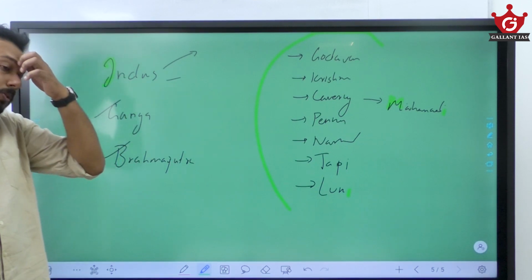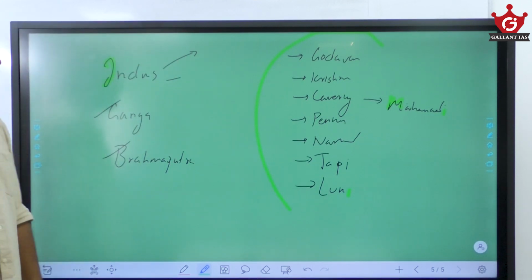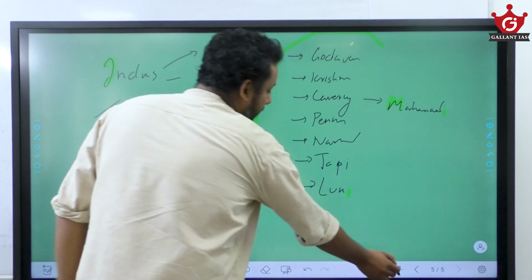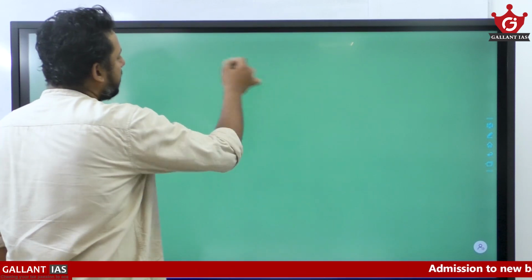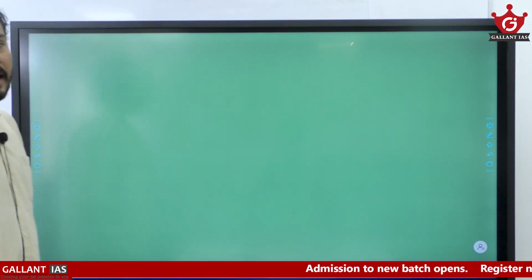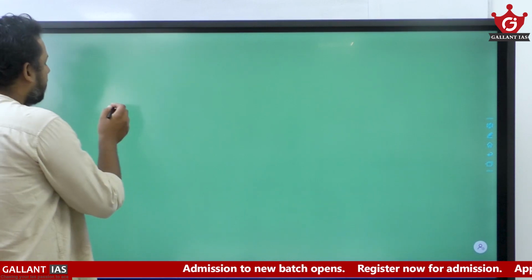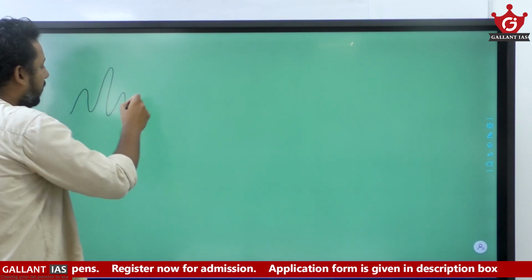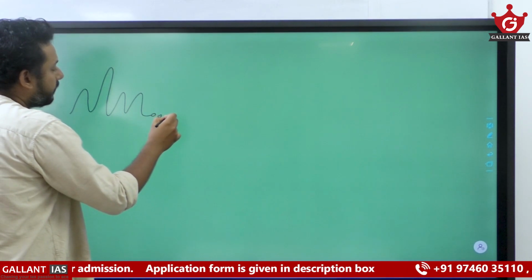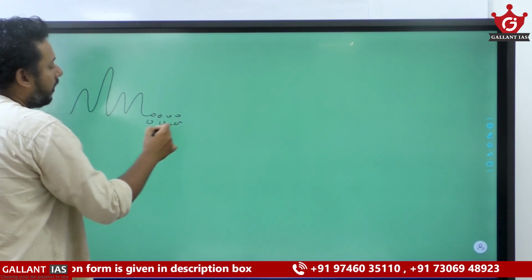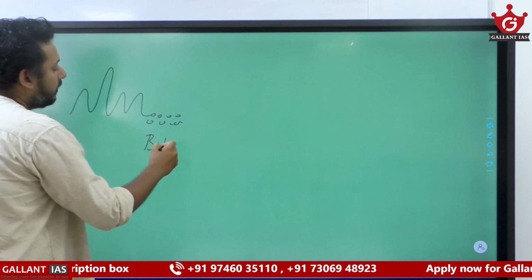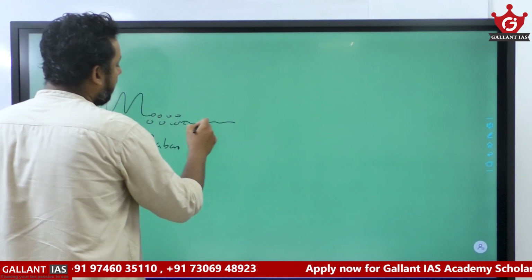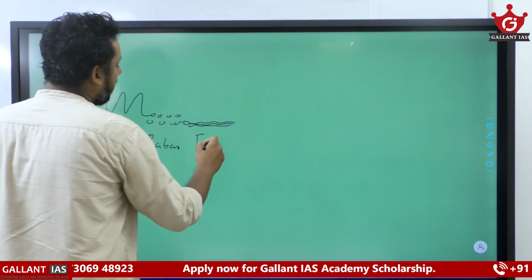Then after studying rivers, go to the northern plains. In the northern plains, we have east-west divisions as well as north-south divisions. You must know, we have studied the structure of the northern plains. From the Himalayas, we have the pebble deposits, which we call the Bhabar. Then we have the marshy land region, which we call the Terai.